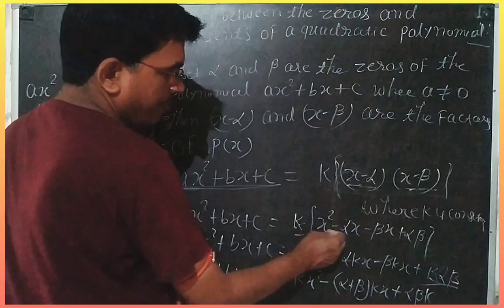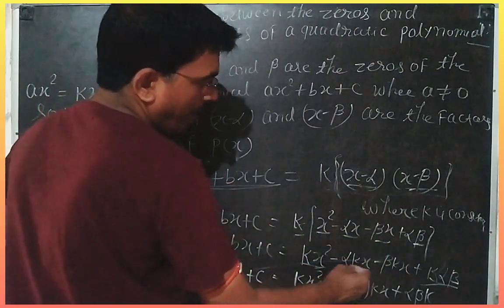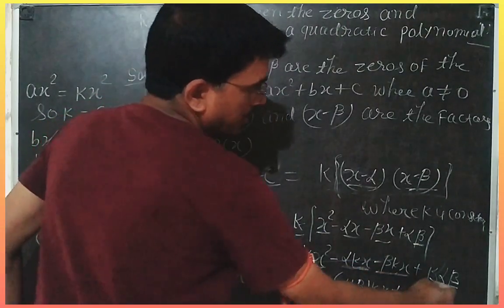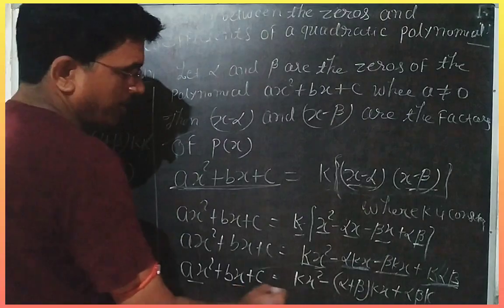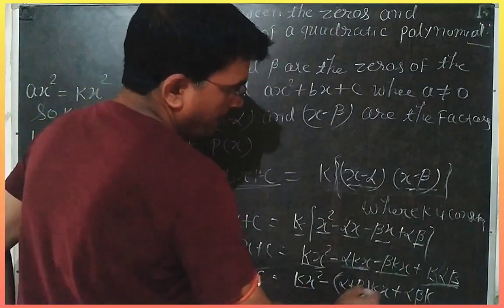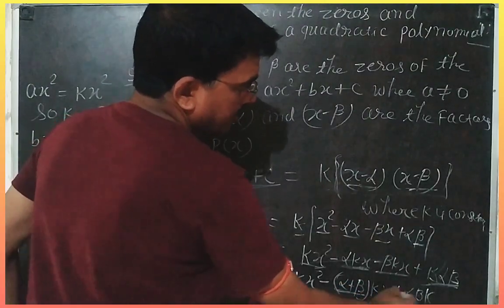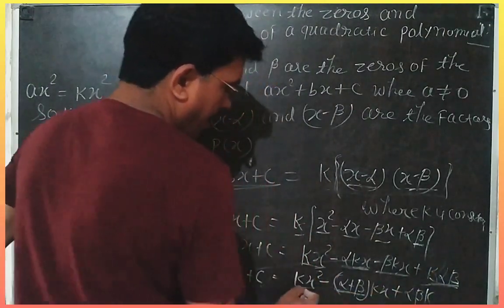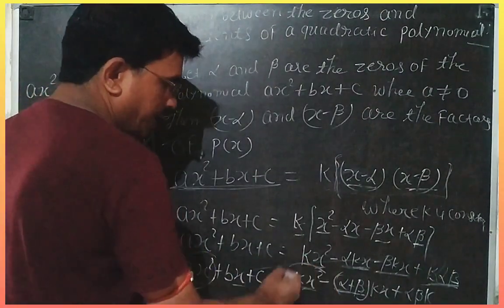Next, ax square plus bx plus c equals kx square, and taking alpha plus beta common, minus alpha plus beta kx, plus alpha into beta k.